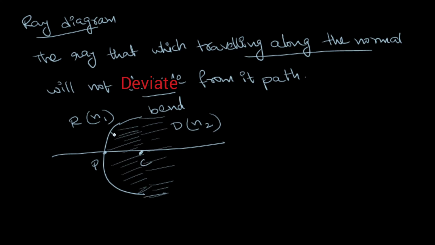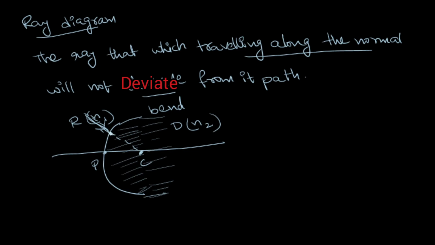And if this is the normal, what is the normal for the curved surface? The line which joins the center of curvature and the surface of this curved surface is known as the normal. If you extend this line on the other side, and I am considering a ray which is passing through this normal, I am considering an incident ray. If this is the incident ray which is passing through the normal, then this ray after refraction will not bend.